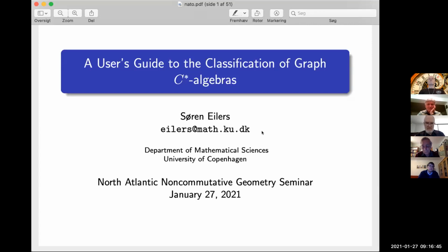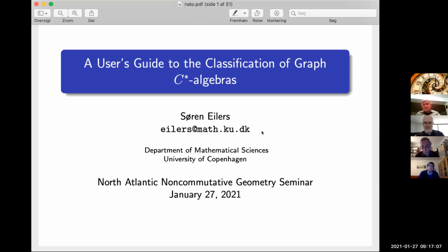So the idea that, as Piotr said, the idea that I had for this talk was to say something about how you classify graph-sister algebras from a more practical point of view, because we have some fairly nice and general theorems, but these theorems use invariants that are forbidding.